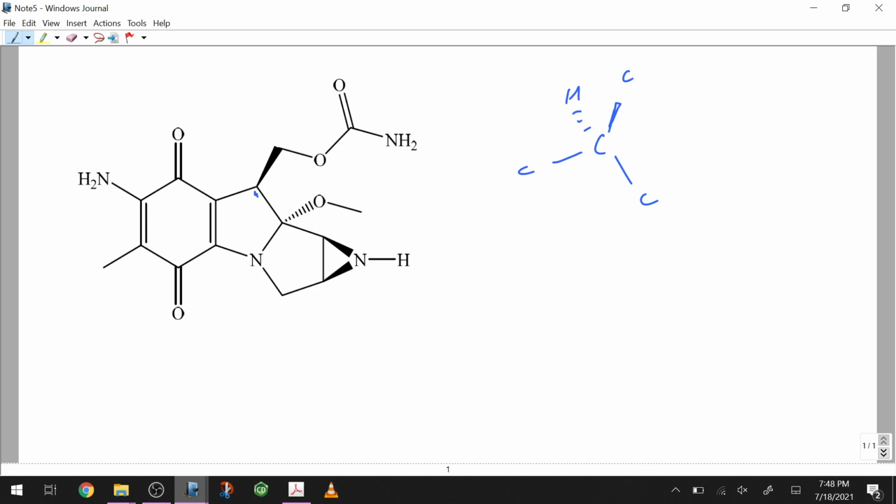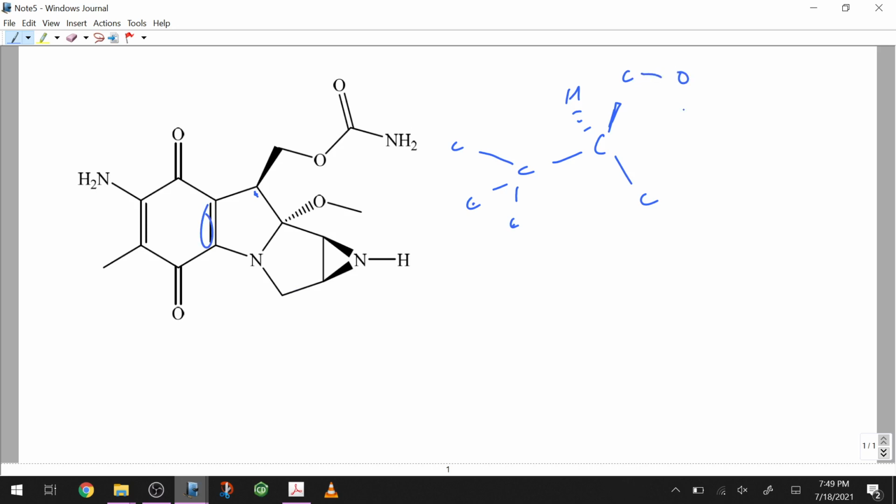So 1 atom further from this, in the left carbon, is another carbon, another carbon, and another carbon. So these 2 represent this double bond. If we go upward, our next atom out from that carbon is an oxygen.